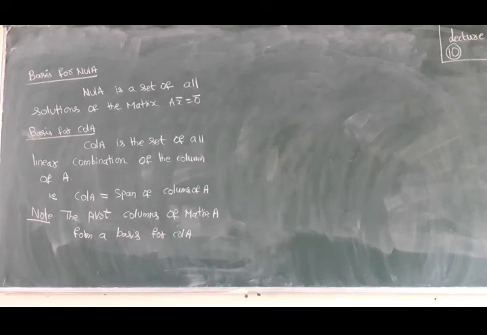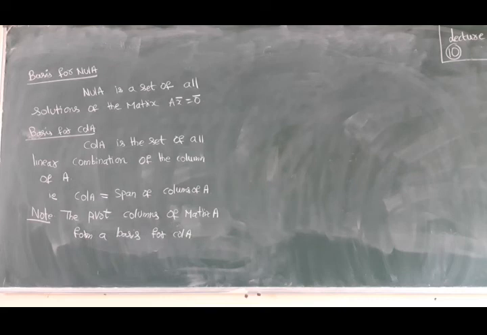Column A is the set of all linear combinations of the columns of A, that is, column A equals the span of the columns of A. We can identify this span by simply the pivot columns. So note, pivot columns of matrix A form a basis for column A. Our present topic is how to find basis for null A and how to find basis for column A.